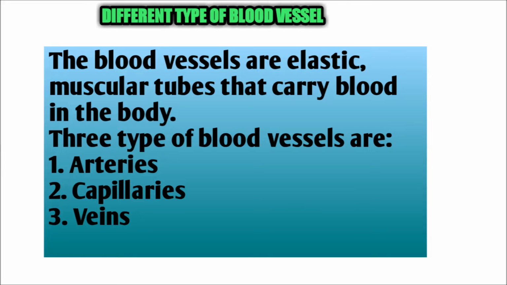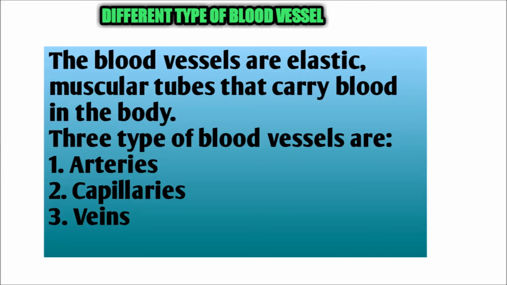Then only can the blood perform its different activities inside our body. We already know blood is a specific fluid connective tissue which performs various tasks. So these three channels are mainly responsible for carrying the blood to different parts of our body.